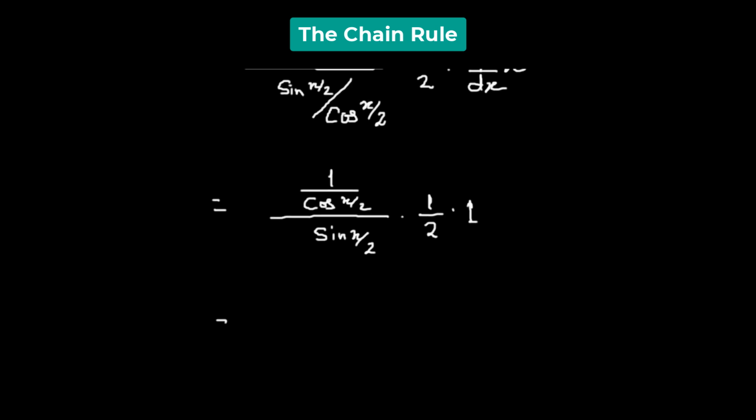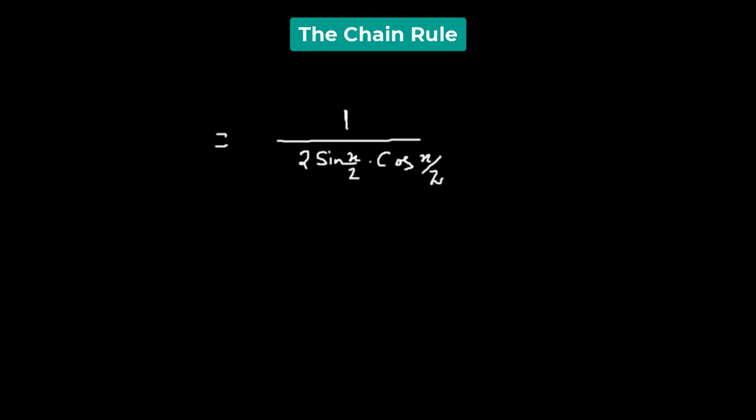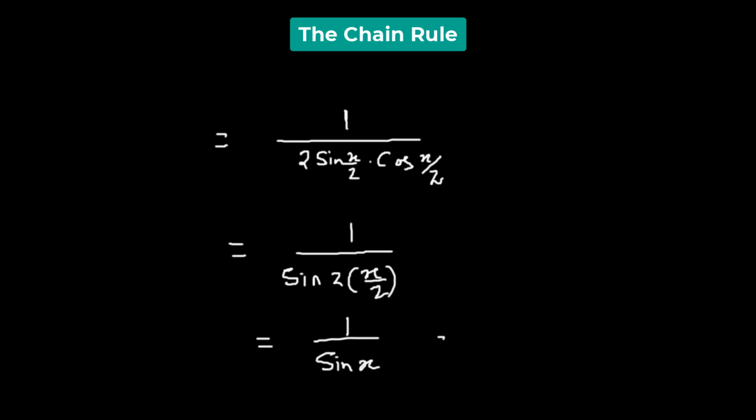Now we can rearrange everything, so that gives us 1 over 2 times sine x over 2 times cosine of x over 2. Now we know that 2 times sine theta times cosine of theta is simply equal to sine of 2 times theta. So that gives us 1 over sine x. So 1 over sine x is simply cosec x.